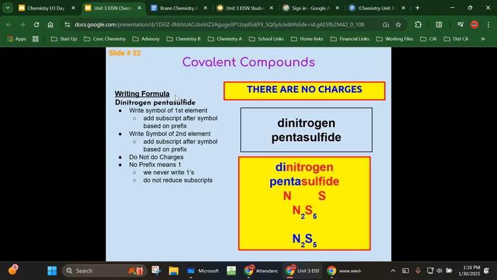A much easier naming system. You don't have to do those charges. You don't have to crisscross. You don't have to make sure the total is 0. But don't ever reduce these. If these can be reduced, if it's di and tetra, don't reduce them. You write exactly what the name is telling you. Questions?